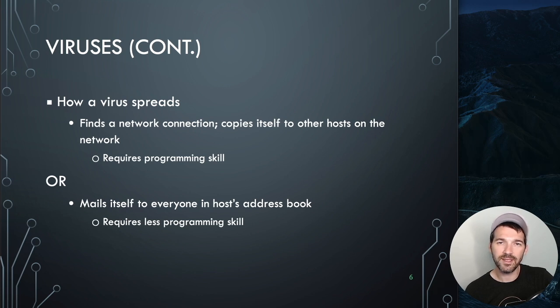Now, there are a couple of ways that viruses will spread. You can see here network connections, for it to propagate itself across the network, or mailing itself, which you see less commonly nowadays.